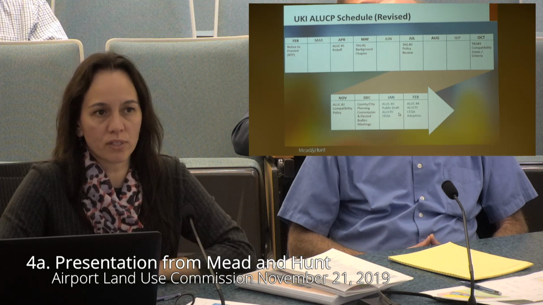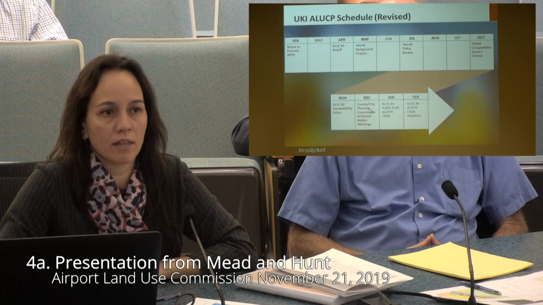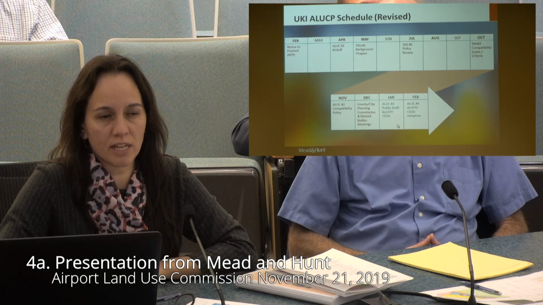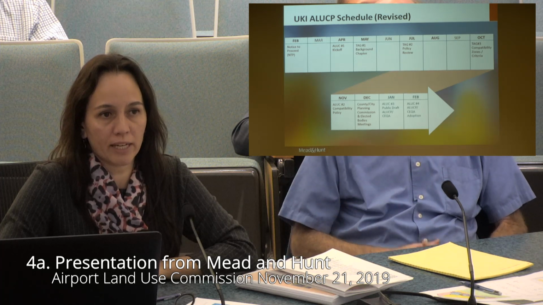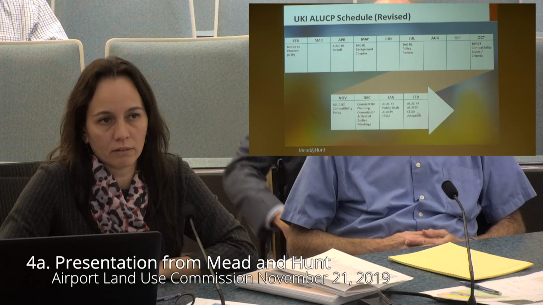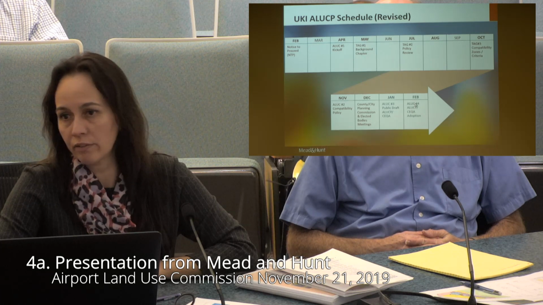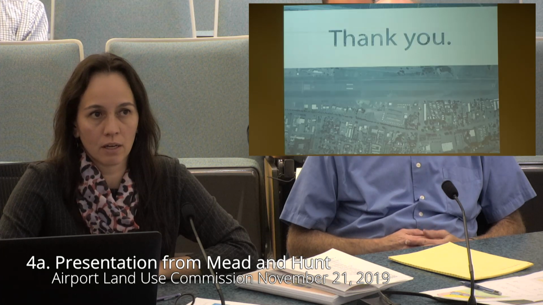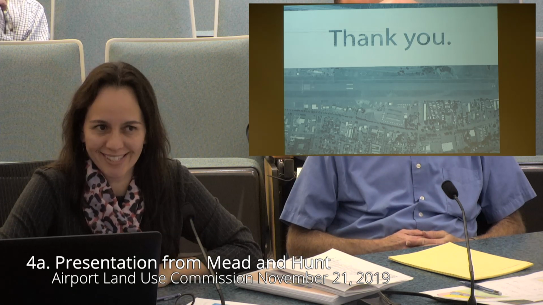That makes more sense from a planning standpoint. As this is an advisory group, we bring it to the commission, then we take it to the elected officials to inform them of what the draft plan contains, and then with a potential approval by the commission in February of 2020. So with that, we are here to answer questions.